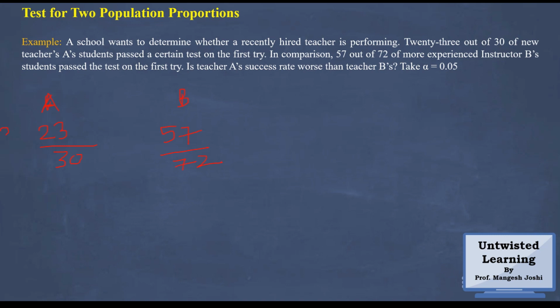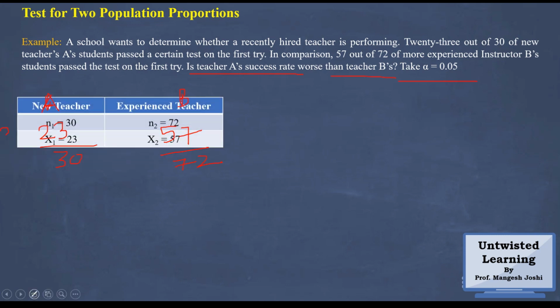So you have to test the hypothesis, that is, is teacher A's success rate worse than teacher B's success rate? Take alpha as 0.05. So this is the data: new teacher n1 is 30, x1 is 23, n2 is 72, x2 is 57.